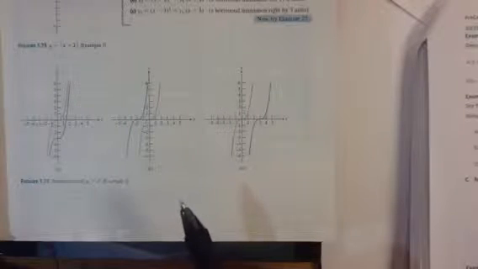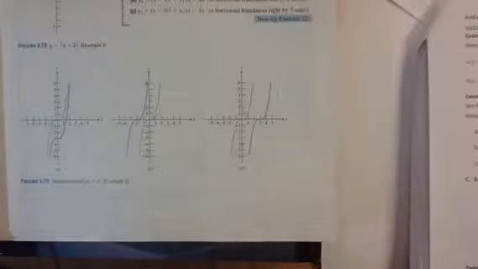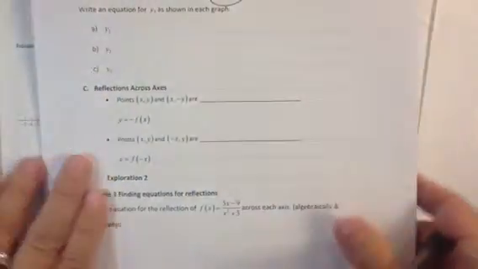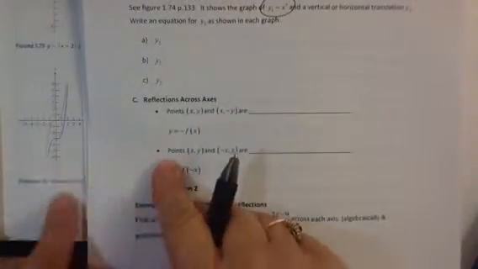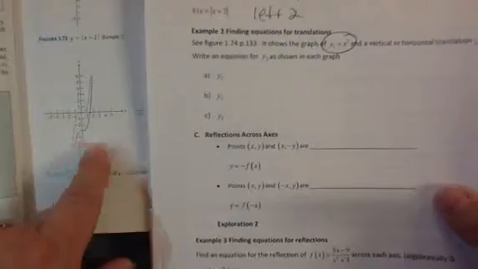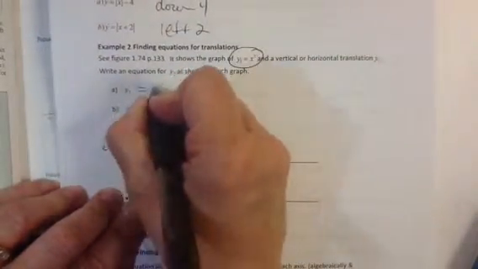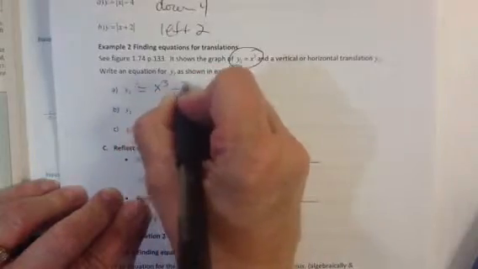So how would I change that into equation form? Well, let's see. We had y equals x cubed as my cubic. This one went down 3, so I'm going to write my basic as x cubed minus 3.